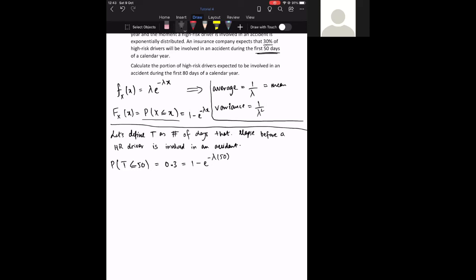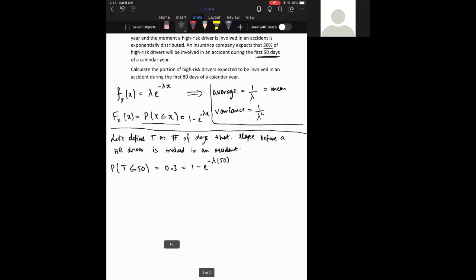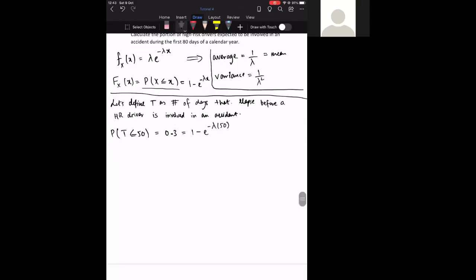So to find lambda, we make e to the minus 50 lambda the subject, and we get 0.7.